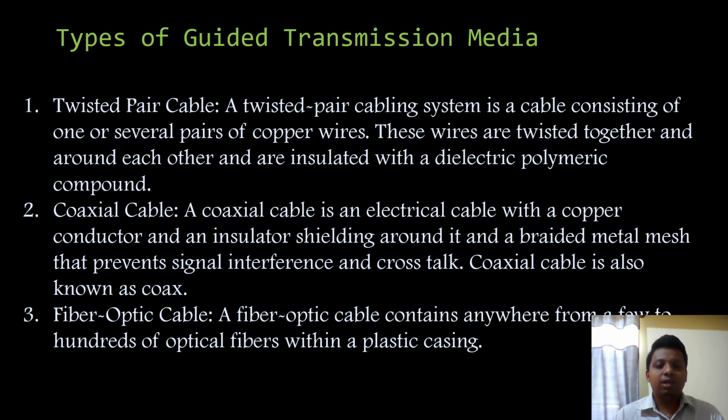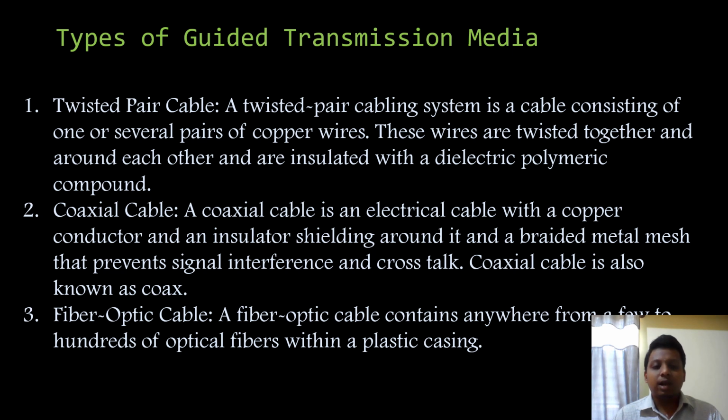First, we start with twisted pair cables. A twisted pair cable is a cable consisting of one or several pairs of copper wires. These wires are twisted together around each other and are insulated with dielectric polymer compounds.